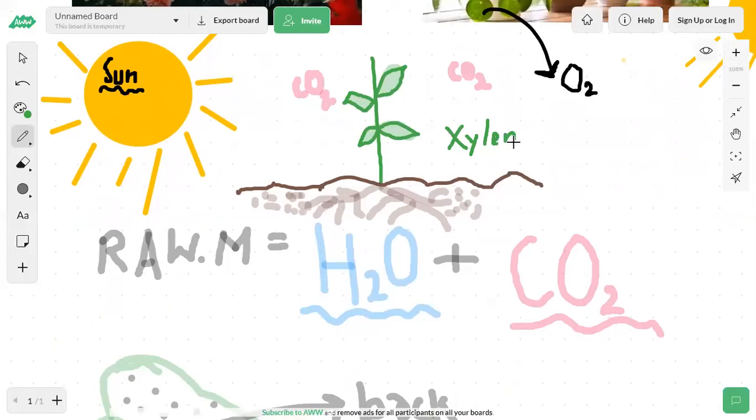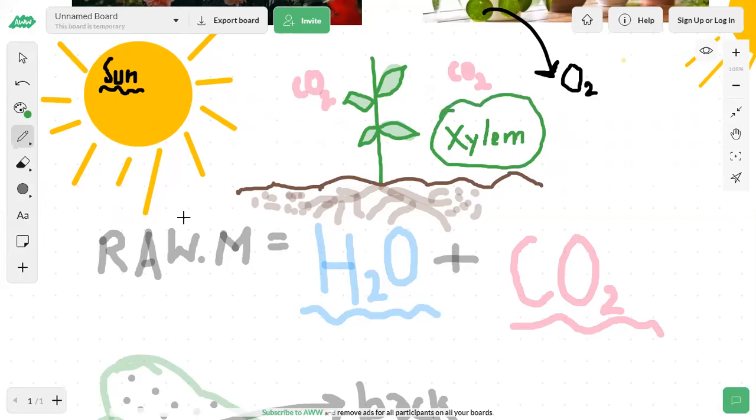This is one of the two types of tube-like structures present as the vascular bundles within a plant, and they are responsible for transporting the food which is made, as well as water and dissolved minerals and nutrients around the plant. So right now we're just going to focus on xylem, not its other counterpart.